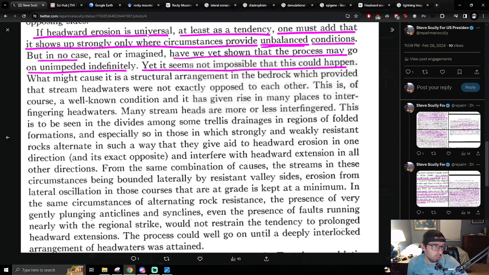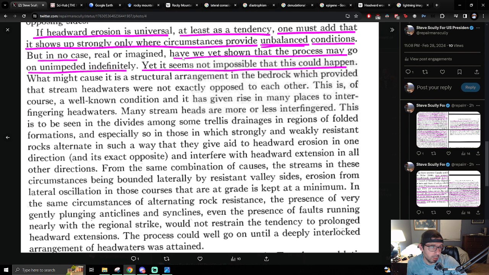If headward erosion is universal, at least a tendency, one must add that it shows up strongly only where circumstances provide unbalanced conditions, like highly pressurized currents running into less resistance, so there's an imbalance in the pressures so that current flows through.